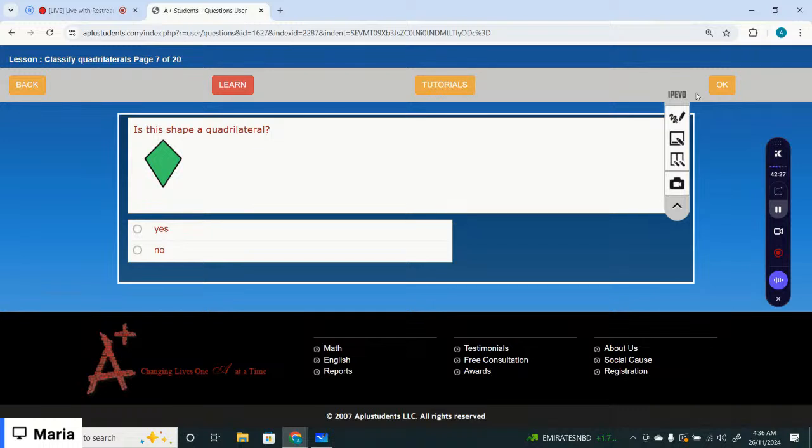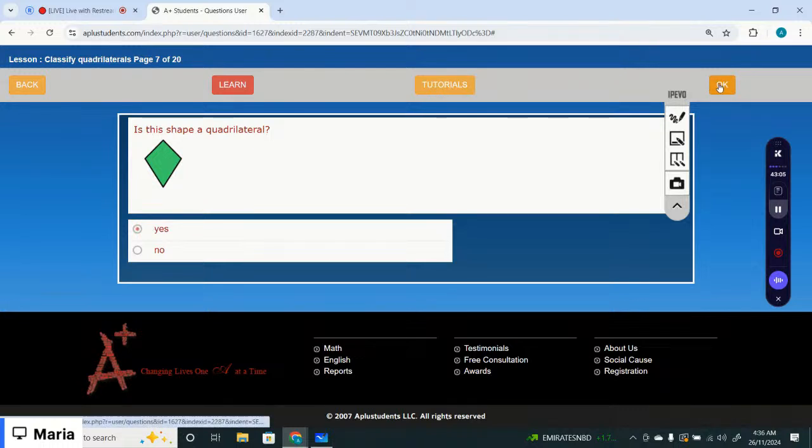Is this shape a quadrilateral? Yes, it is a quadrilateral.